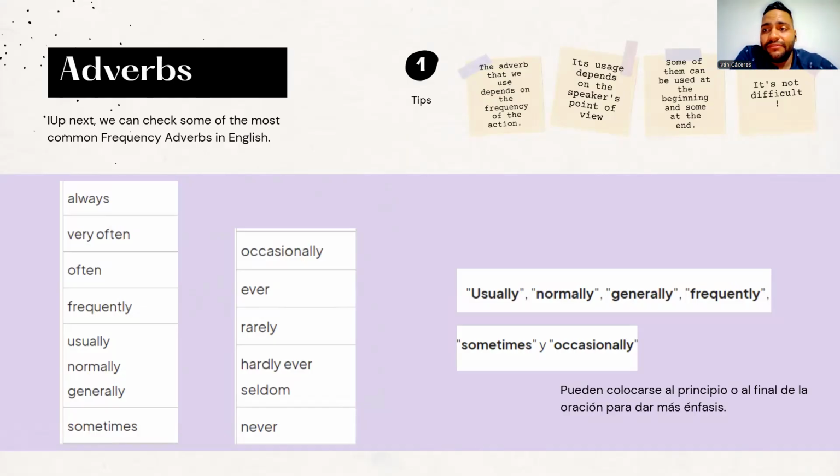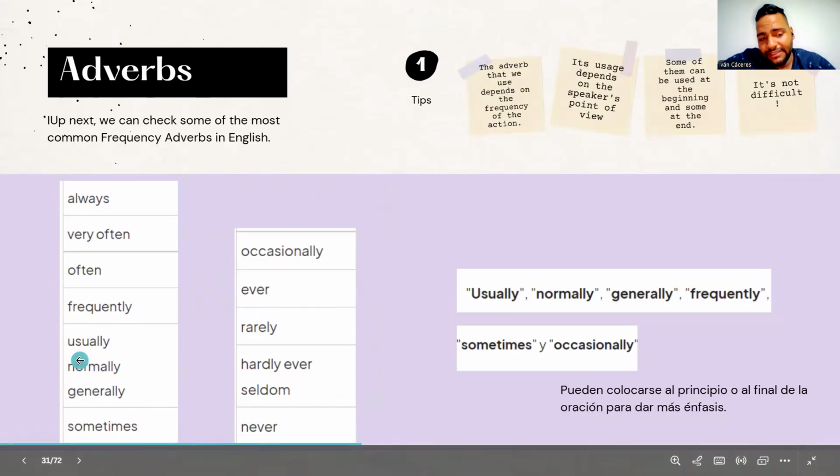Normally, we can have different kinds of adverbs and they can have different meanings and they are used to indicate a different amount of times that something happens. And we go from more to less. We'll go like always, very often, frequently, usually, normally, and generally, which are the same.